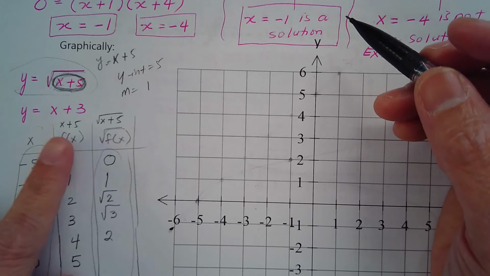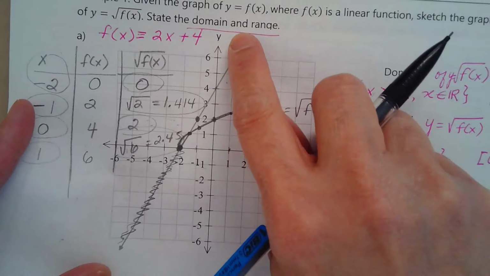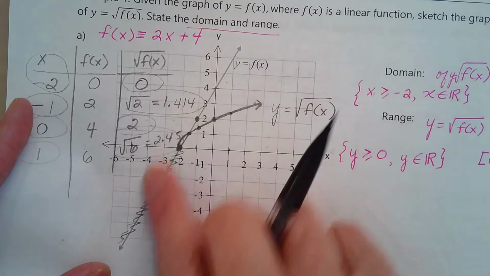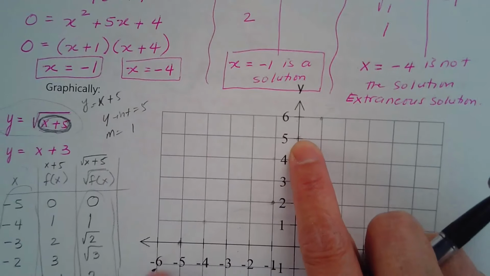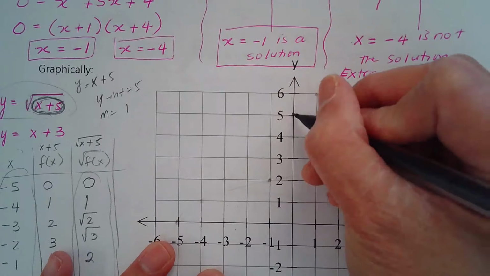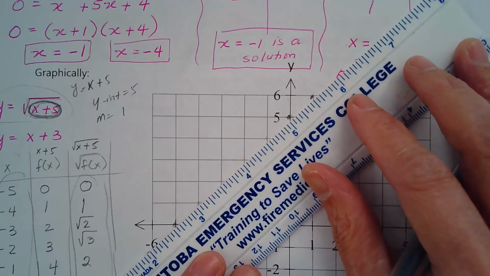What did I do? Okay, just like what we had at the beginning, we started off with the line, right? We started off with the line. So what I'm going to do is I'm going to start off with the line x plus 5. That's the one that I entered. I've drawn here.